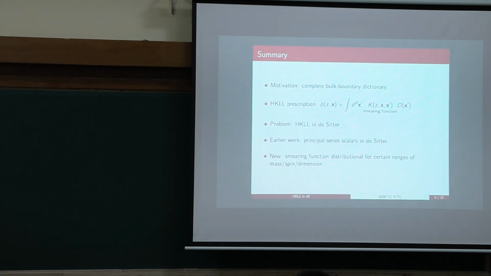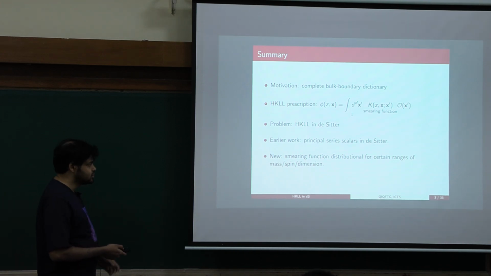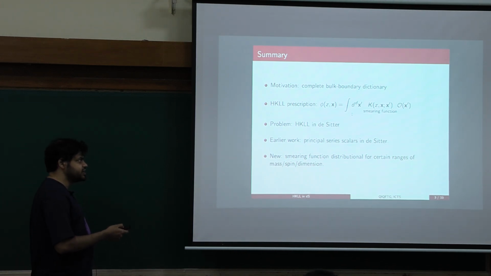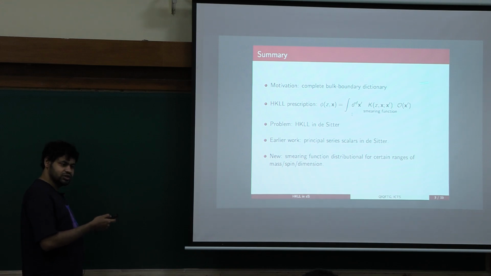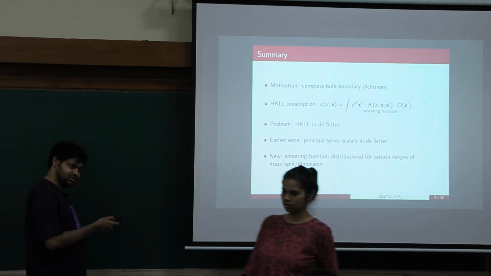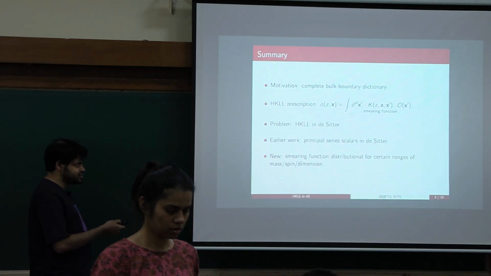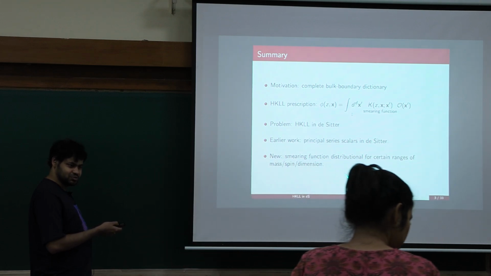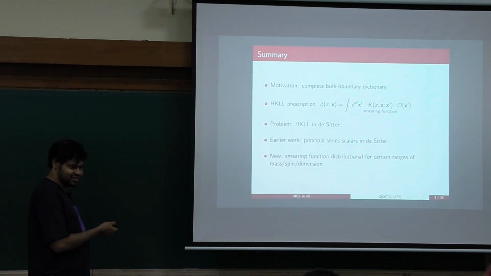Yes, please. You say it cannot be a distribution, it has to be a function. So in pure ADS, the result we know is that it's not a distribution, it's a function. But here we are getting that for certain ranges of mass, spin and dimension, it can't be written as an analytic function, it becomes a distribution.